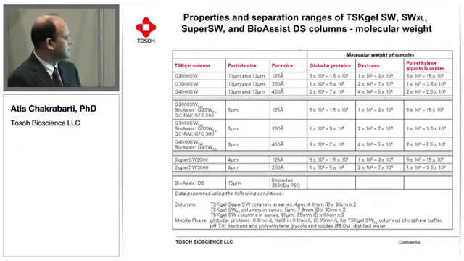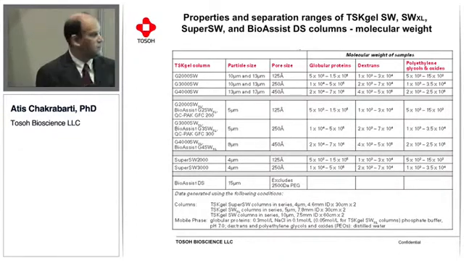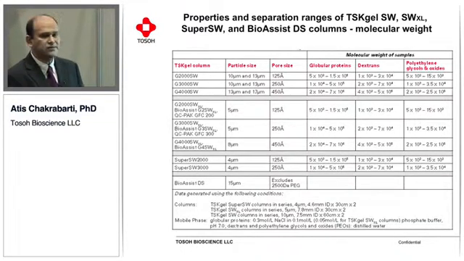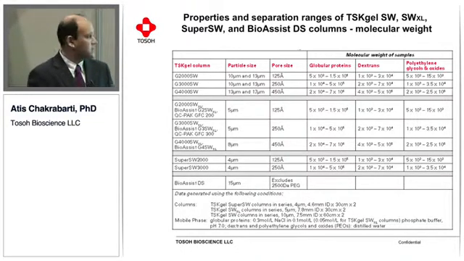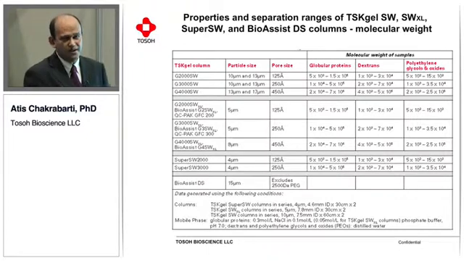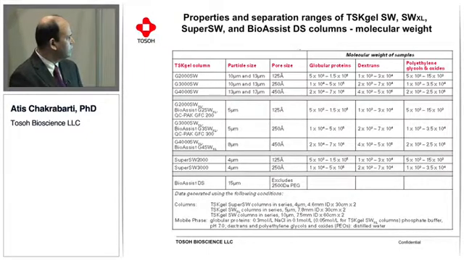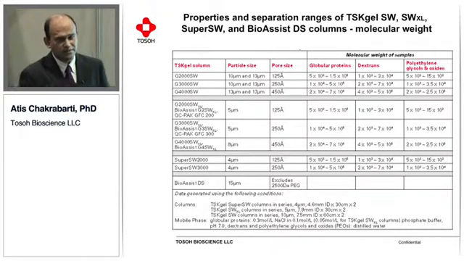Now, a couple of things. Go back, please. Yeah, I'll talk about the pore size. As you go down from 2000 to 4000, the pore size changes from low to high: 125, 250 and 450. You have also seen here a column called the bioassist column.